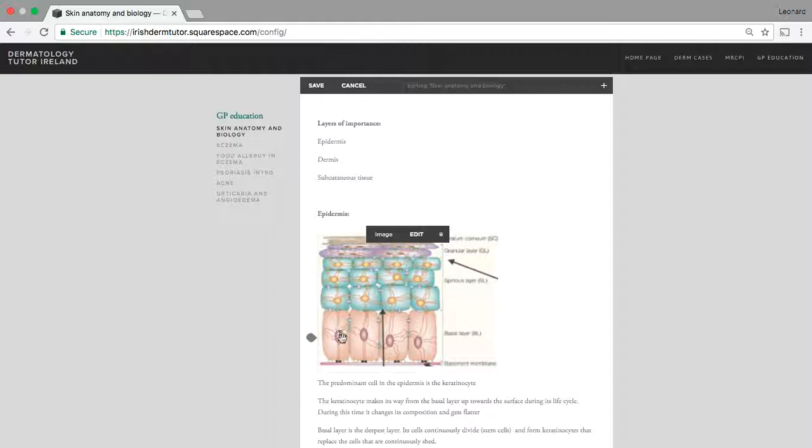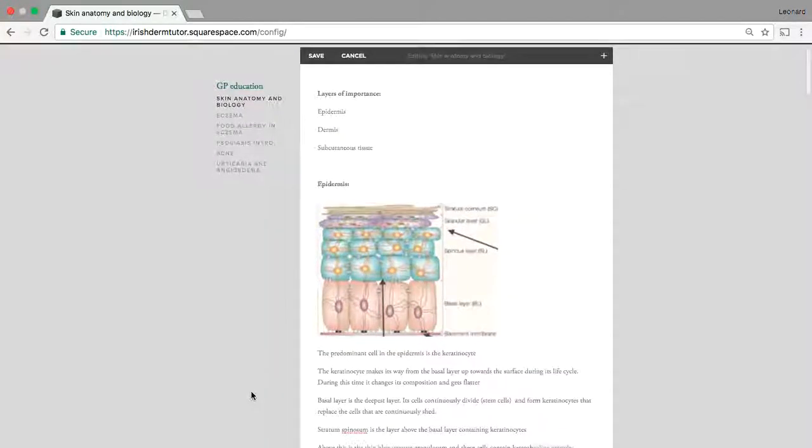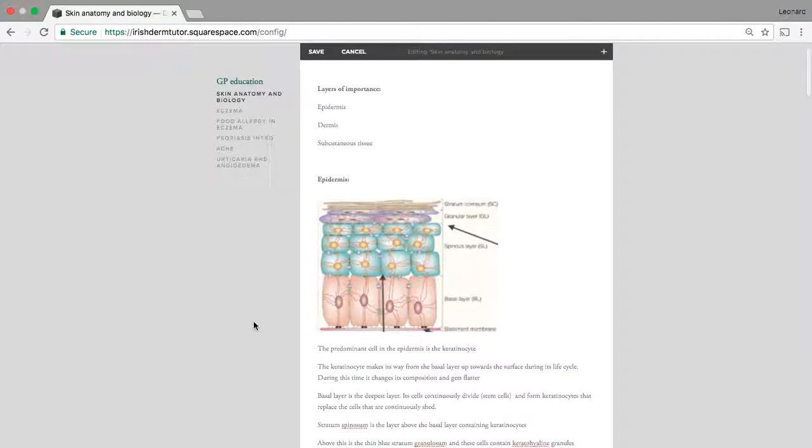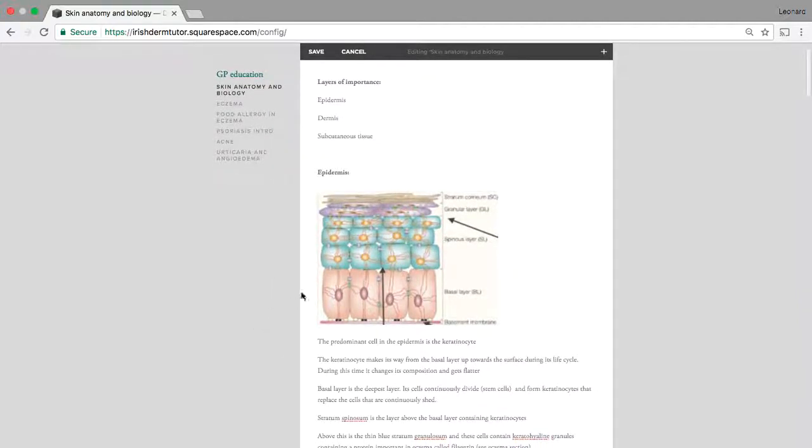As the keratinocyte makes its way up from the basal layer towards the surface, it changes its composition and tends to get flatter. So as mentioned, the basal cell is the deepest layer. Its cells continuously divide and they form keratinocytes. The stratum spinosum is the layer on top of this, and again it contains keratinocytes that are making their way through to the surface.